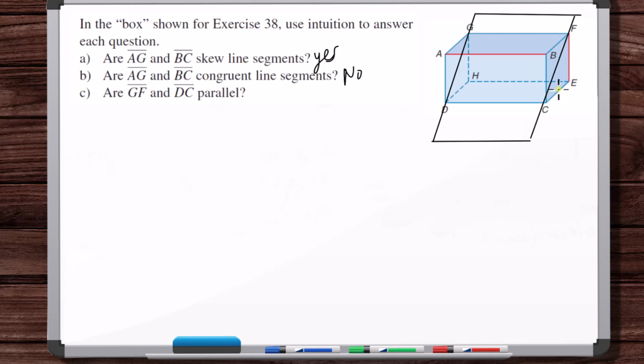We could draw a plane that intersects AB and FE, yes. But one that contains all of AB and all of FE? Absolutely not. We have a plane here that contains all of GF and all of DC, and those two lines don't intersect. So yes, they're parallel. But AB and FE don't intersect, and again, we cannot draw a single plane containing both. You've got a point here, A, B. Pick another point here.